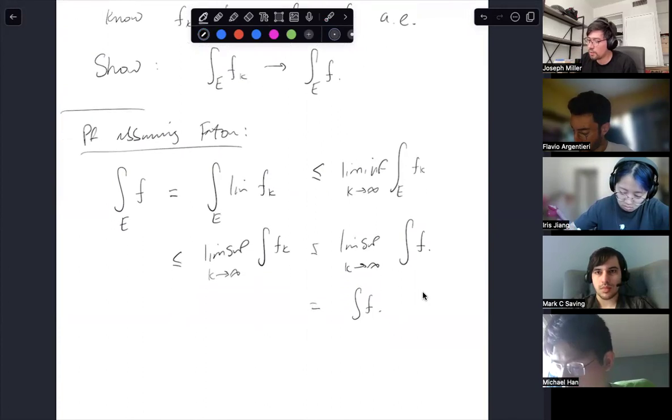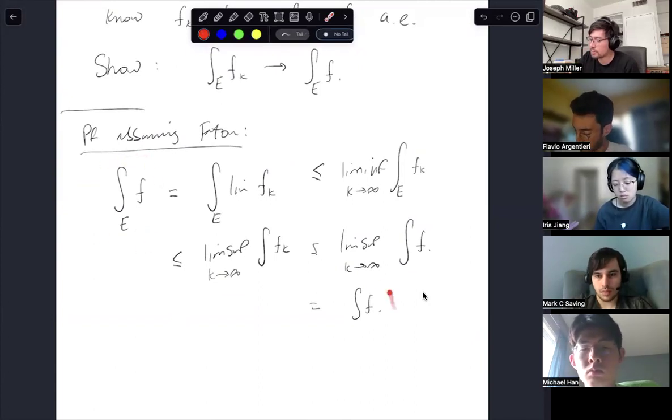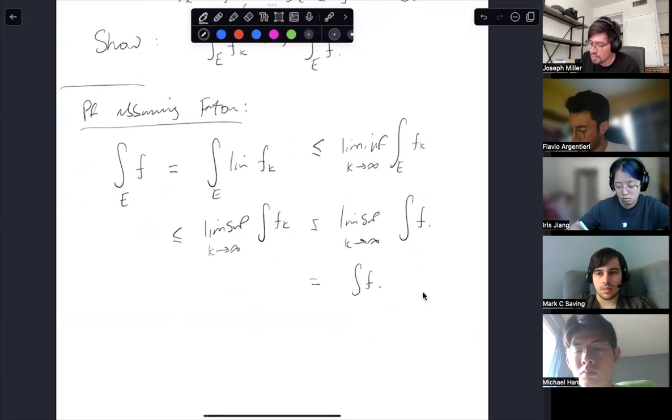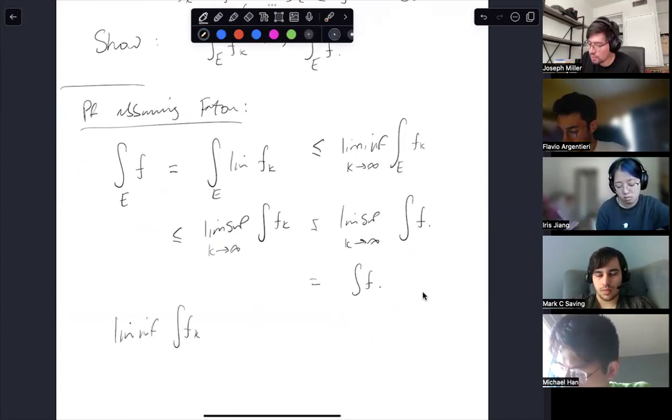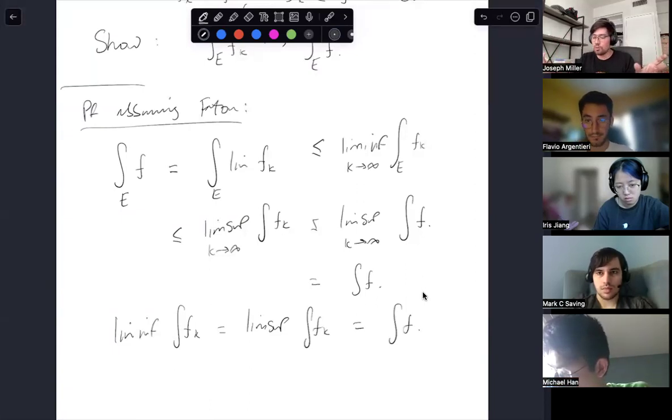So all of these guys are squeezed together, because there's an integral of f on the left-hand side less than or equal to the integral of f on the right-hand side. In particular, what this shows is that the lim inf of the integral of f_k equals the lim sup of the integral of f_k, which equals the integral of f. So that shows that the limit exists because the lim inf coincides with the lim sup, and it's actually equal to the integral of f.